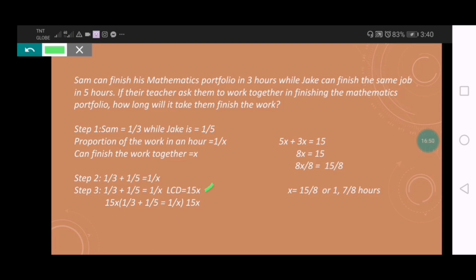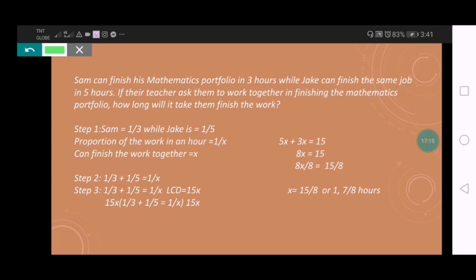Since we have our LCD now, multiply the LCD on both sides of the equation. So as you have seen now, we have 15x times the quantity of 1/3 plus 1/5 equals 1 over x times 15x. So, simplify it.